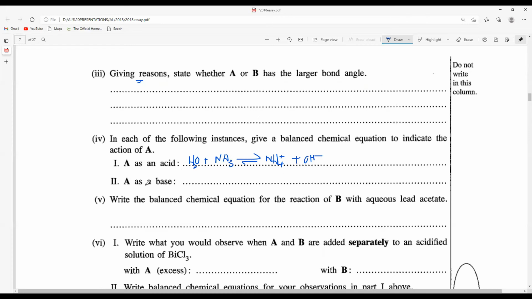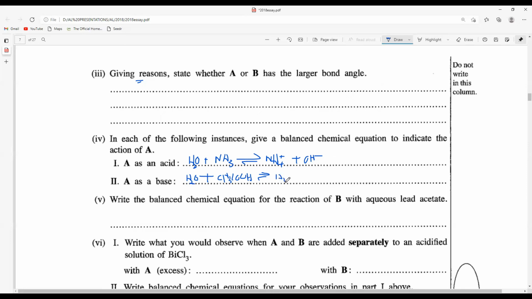And A as a base, so it is again very common. So H2O reacting with the acid, the reverse. Because in the acid, so you see here, you have acetic acid. So again, this will be an equilibrium. So acetic acid will give H plus and it will be taken by water. So water here acts as a base, taking this H plus from acetic acid.